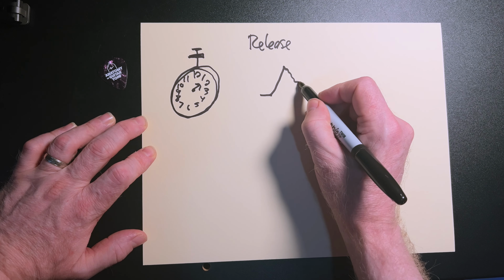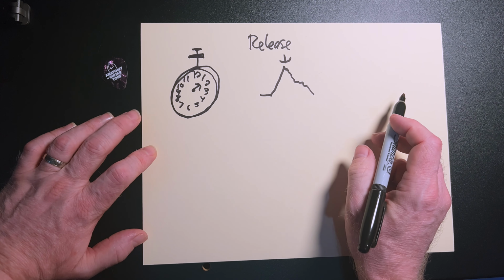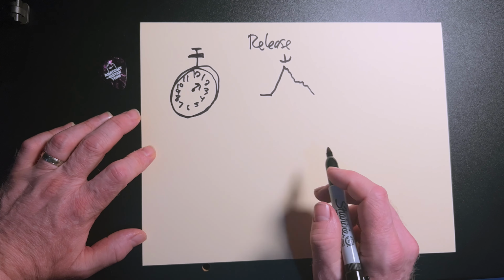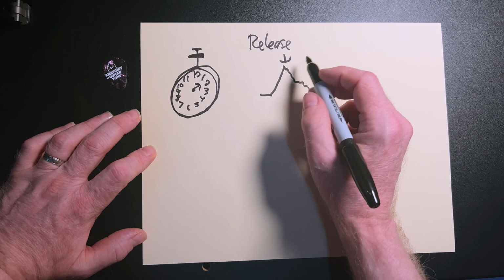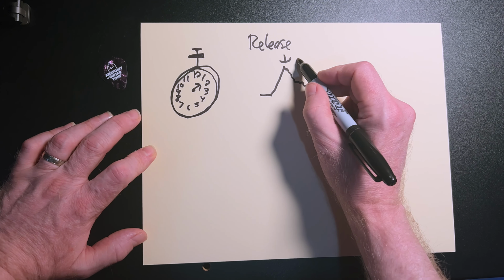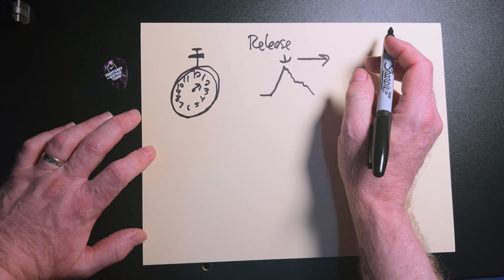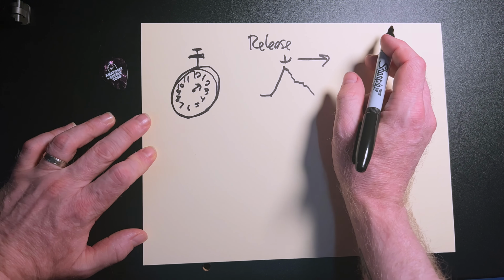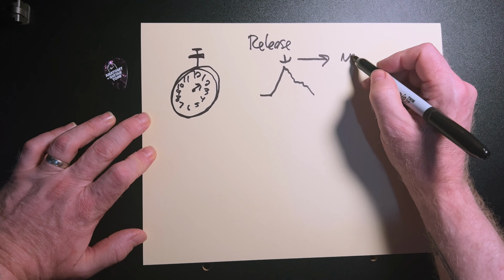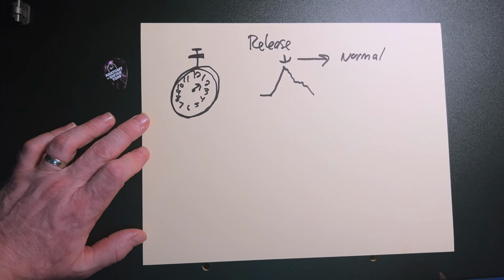Say we have our compressor, and the attack time is set to hit right at the transient. The release knob is telling the compressor how long it should wait until it lets go, to release the signal back to its normal operation, or allow the signal to be unprocessed, right?